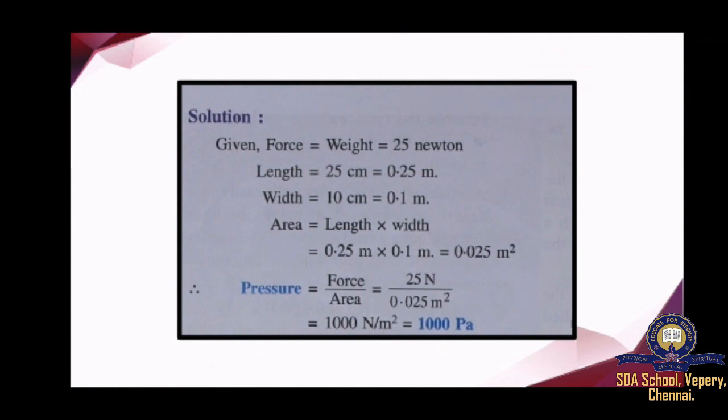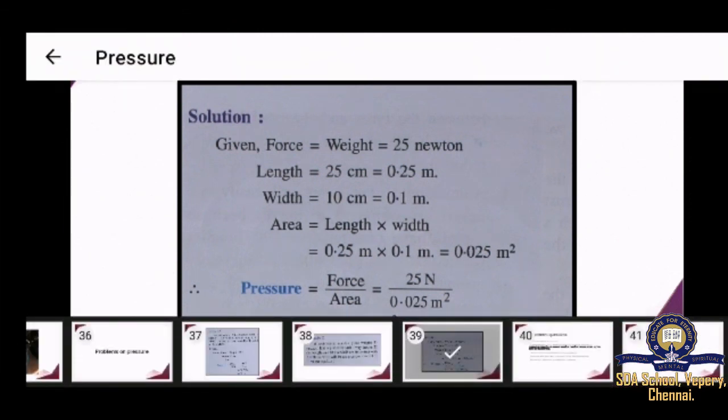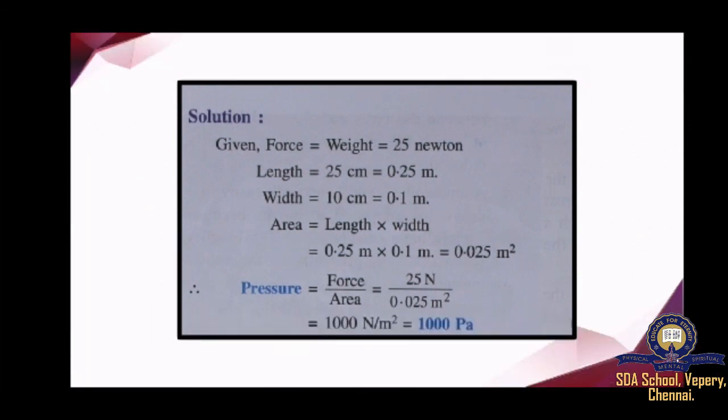Width is equal to 10 centimeters. So 10 divided by 100, it is 0.1 meter. And we have to find out the area. Area is equal to length into width, and we are multiplying and finding out the area, 0.025 meter square. And we have to substitute it in the formula. So 25 Newton divided by 0.025 meter square, and we are getting the answer as 1000 Newton per meter square.